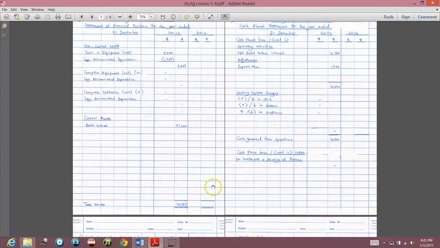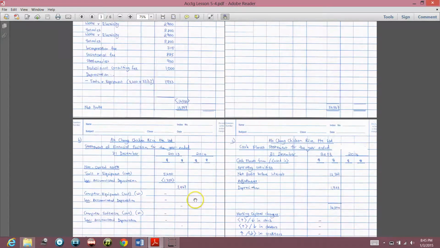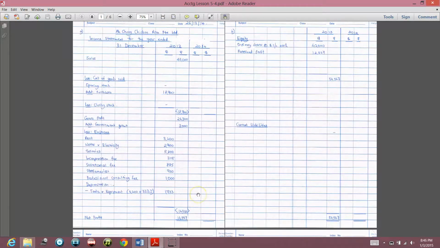That's what my balance sheet is about, right? So the balance sheet, you see, if you put your figures correctly from the receipts and payments, your balance sheet will balance. Okay, as I explained in the previous lessons, especially lesson 1, this one will balance.